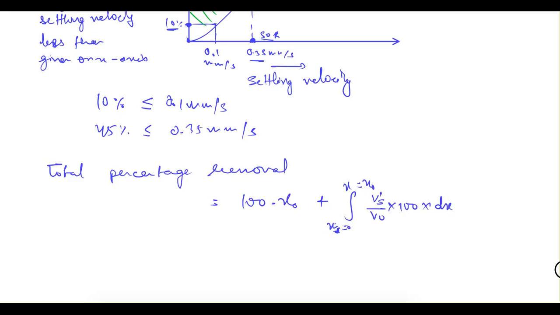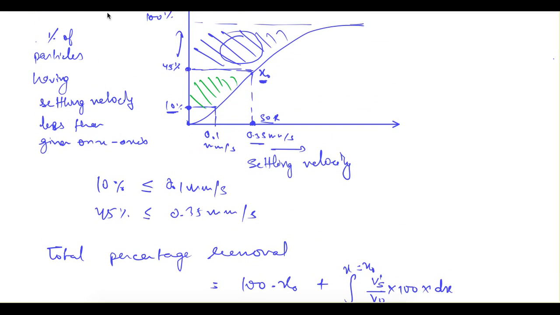But this integration is not very easy to do. So what is done, instead of integration, these small strips are taken. For this delta x, this strip is taken, and for this particular strip we will say the velocity corresponds to some value. Similarly we can take another strip and define its velocity as one value.